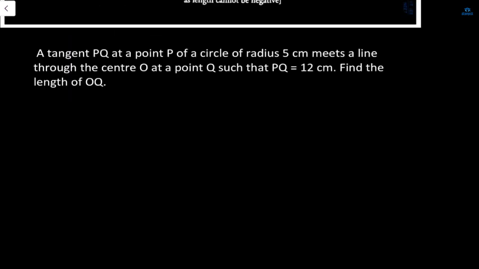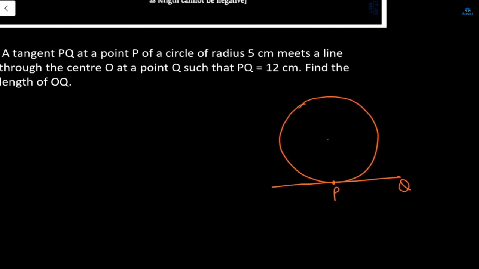A tangent PQ at a point P, meaning it touches at P, of a circle of radius 5 centimeter, meets a line through the center O at a point Q, such that PQ is 12 centimeter. Find the length of OQ.